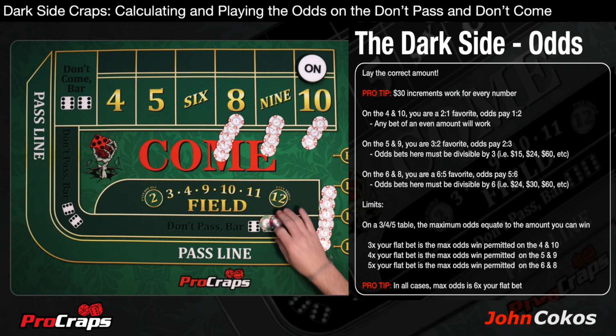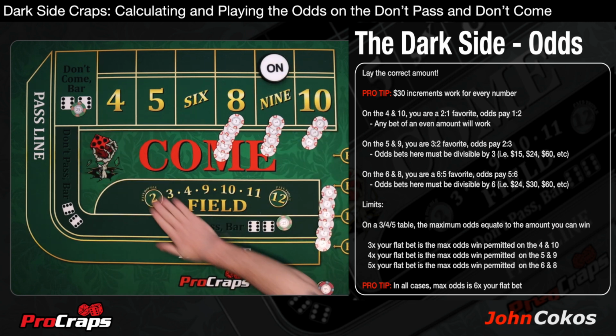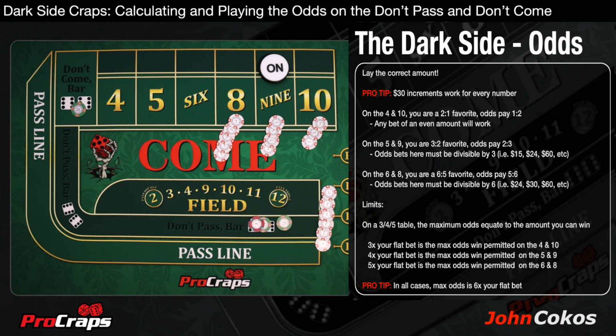So when you lay your odds out, heel them off towards your dealer, bridge them if the odds payment would be the same as the flat bet payment. And that's the mechanics. Don't pass odds, don't come odds work exactly the same way. This is the reason why yesterday, or in our previous show, when we got a point set, let's say it was a 9, I come to the don't come, what I was doing was laying odds for a short period of time.